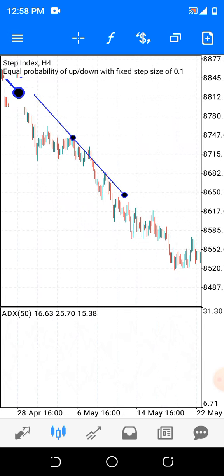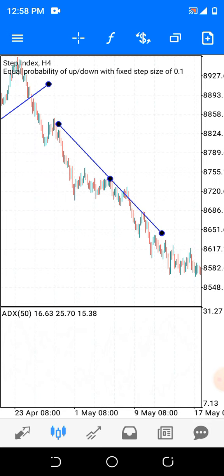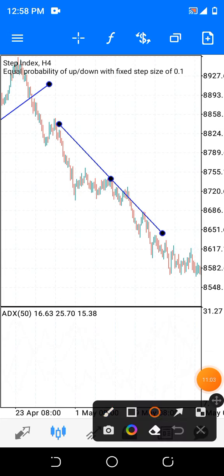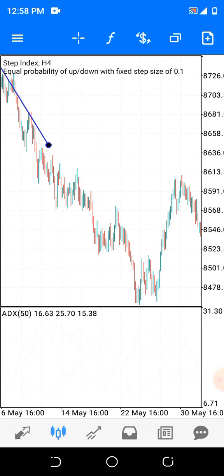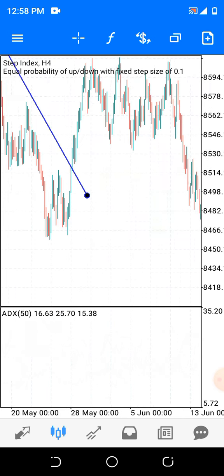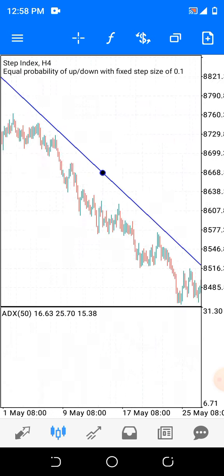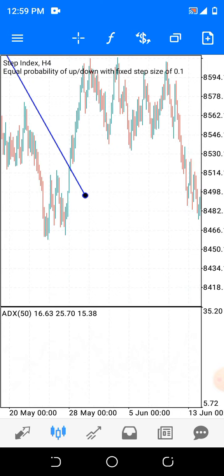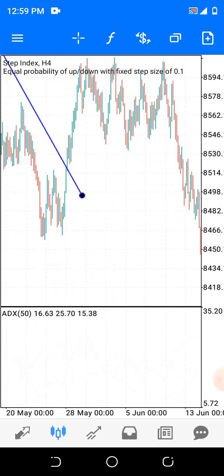So once you make your entry here, which is the third touch, you will have a smooth sell. Do you understand? You have a smooth sell. So when you observe here now, see, this is a smooth sell. And when the price crosses this trend line, it shows a reversal.